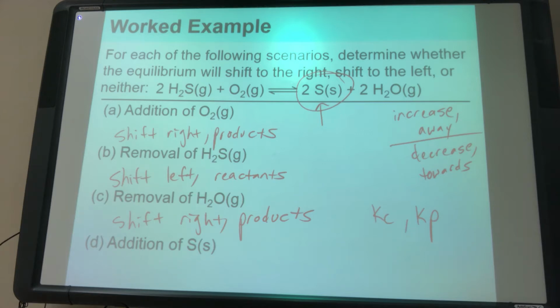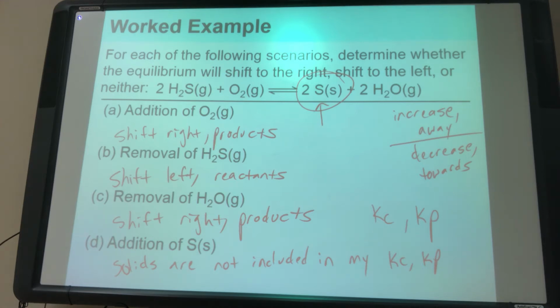Okay? So, solids are not included in my Kc, Kp reactions. So, I could change them all day long and it will make no difference.